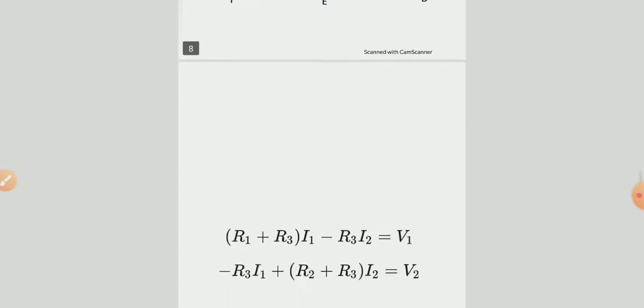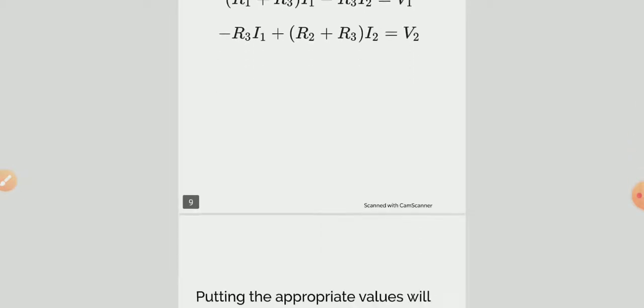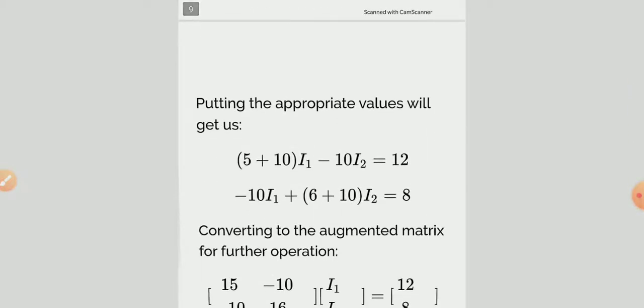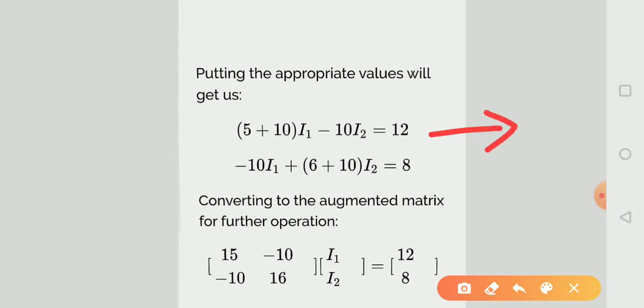If we put these values in both equations, we find 15I1 minus 10I2 equal to 12 and next minus 10I1 plus 16I2 equal to 8.